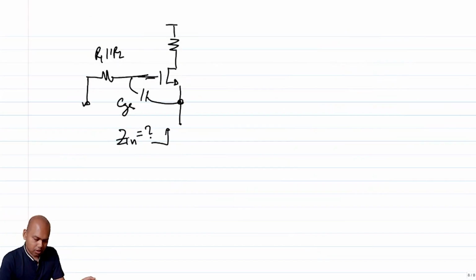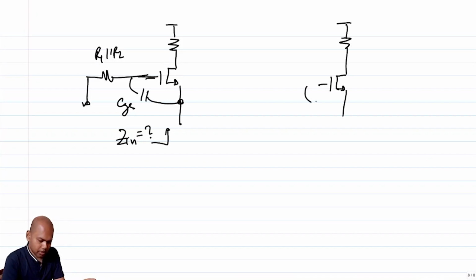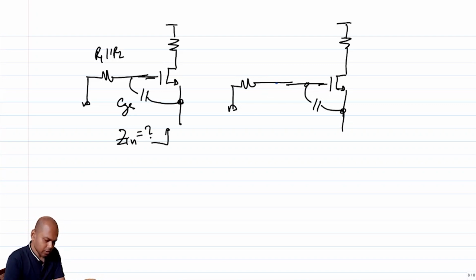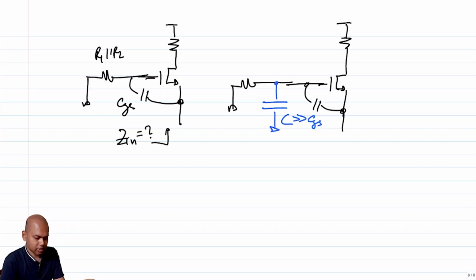So the solution seems to be: I have this CGS, so why don't we take a big bulky capacitor which is much greater than CGS and put it to ground.